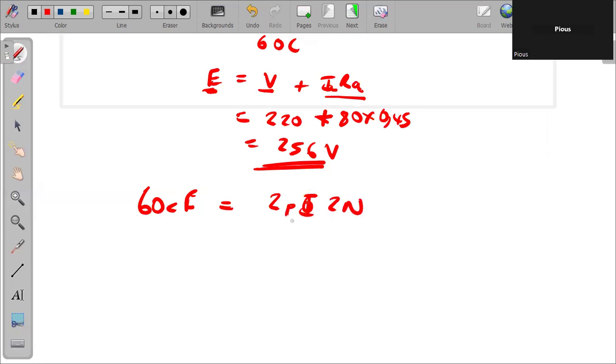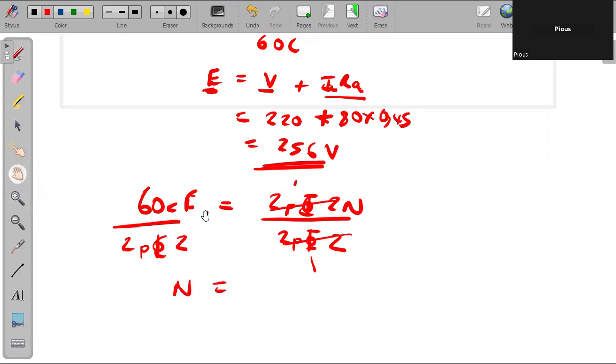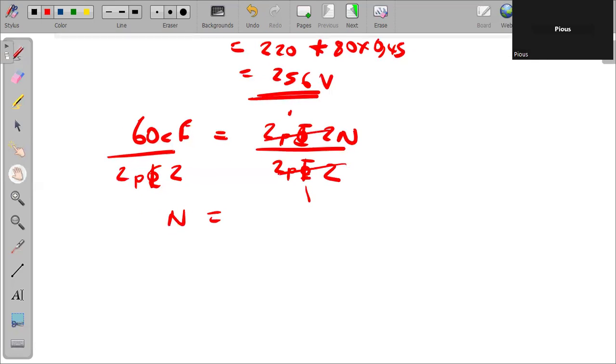Then we want to make n the subject, so we divide by 2p phi Z. We end up having n equals 60CE over 2p phi Z.